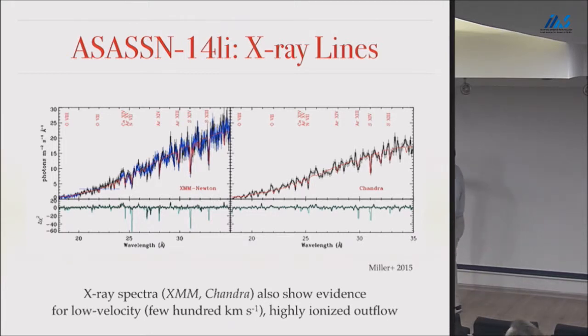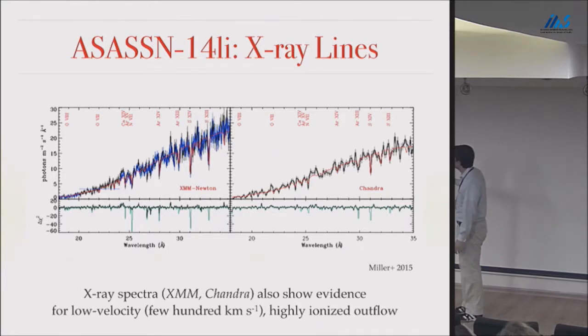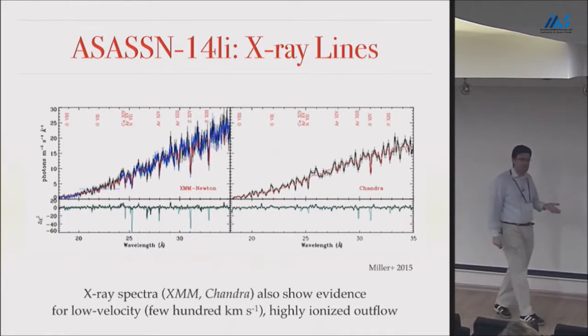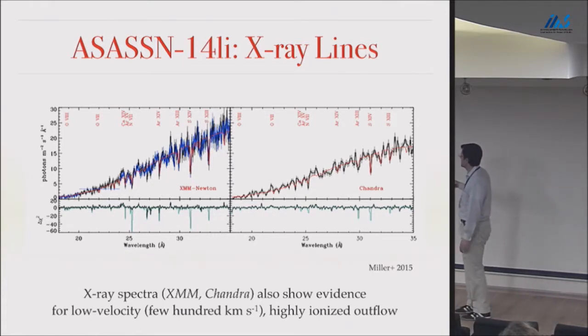This is oxygen 7 or 8 on the left, argon 14, argon 13. This is really hot stuff to get this kind of ionized material. And these lines are blueshifted again, by speeds of somewhere between 100 to 300 kilometers a second. And in fact, that blueshift changes as a function of time.